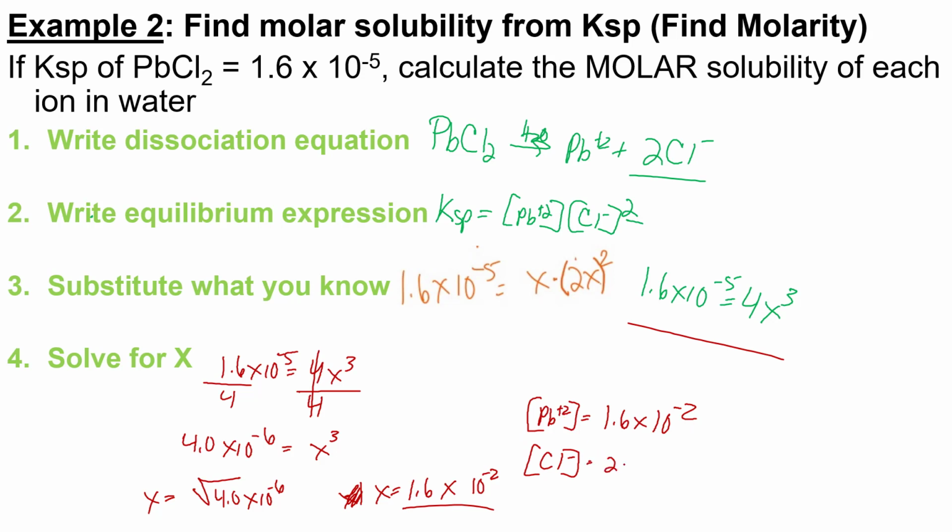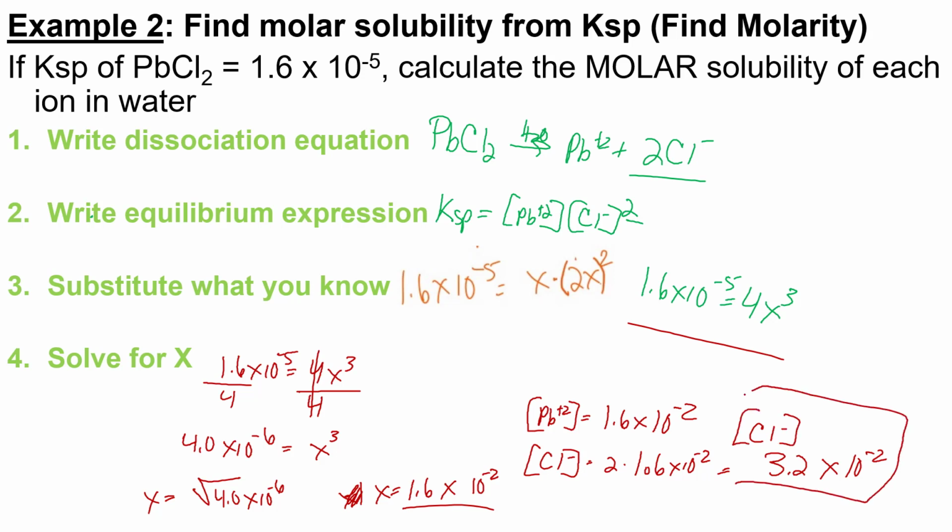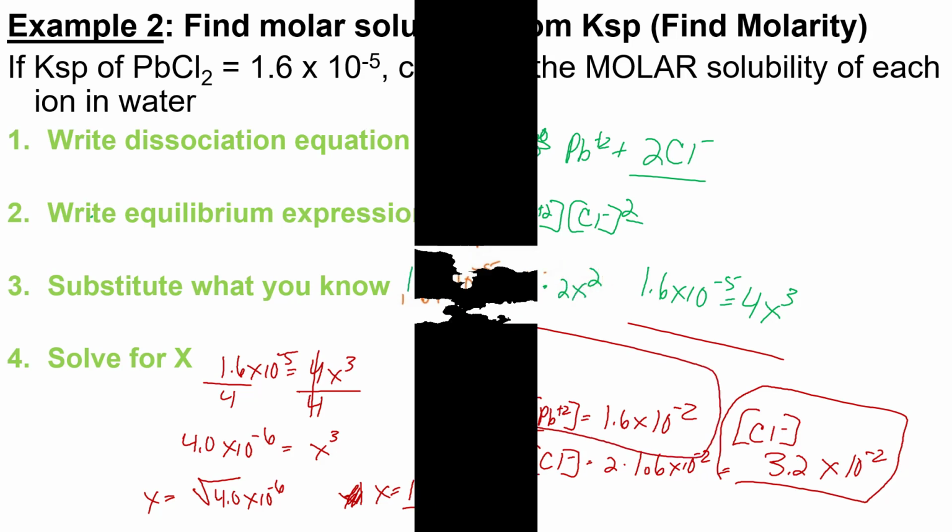So that's going to be equal to 2 times 1.6 times 10 to the minus 2, and that is going to give me a concentration of 3.2 times 10 to the minus 2. So my chloride ion is really this, and my lead is that. And that is how you solve that problem.